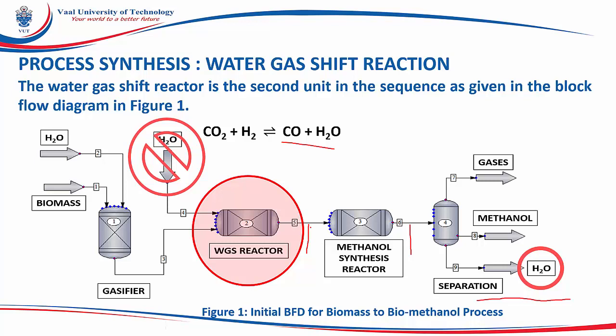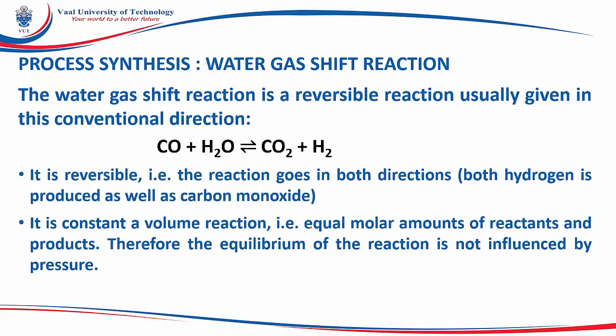The water gas shift reaction is a reversible reaction, usually given in the conventional direction of carbon monoxide reacting with water to form carbon dioxide and hydrogen. As we have stated, in our situation we would like it to go in the opposite direction. Remember, it's a reversible reaction. It doesn't mean that it's happening in only one direction.